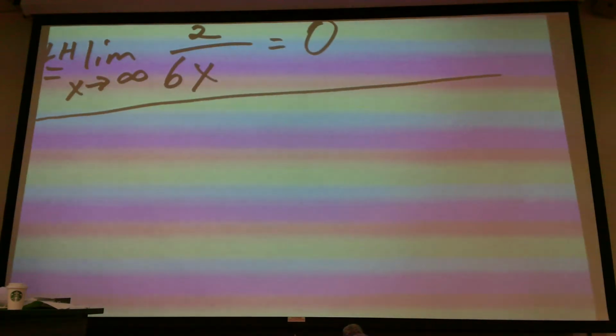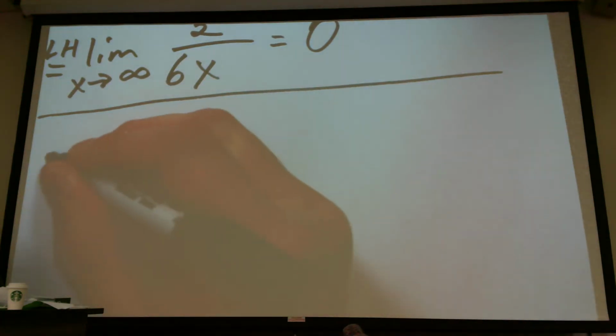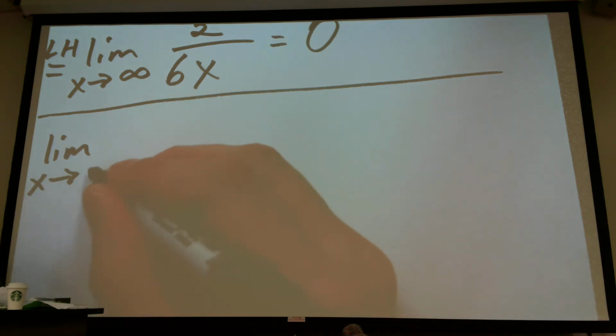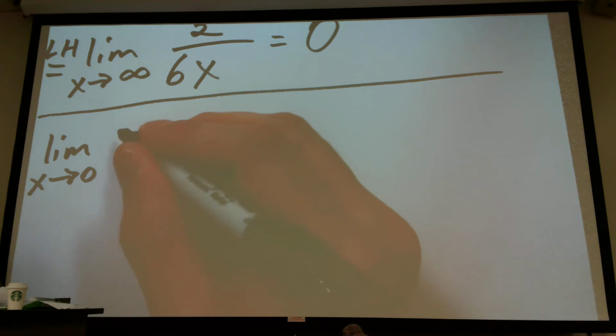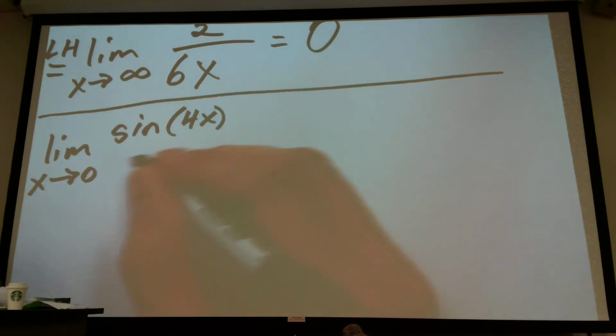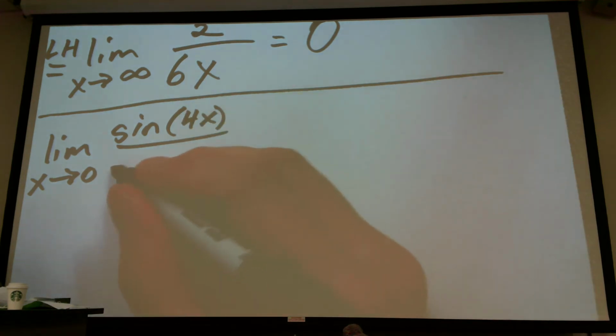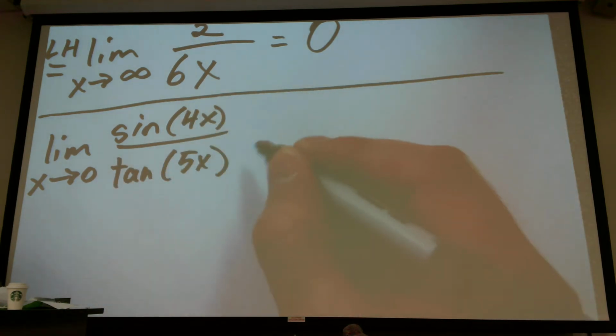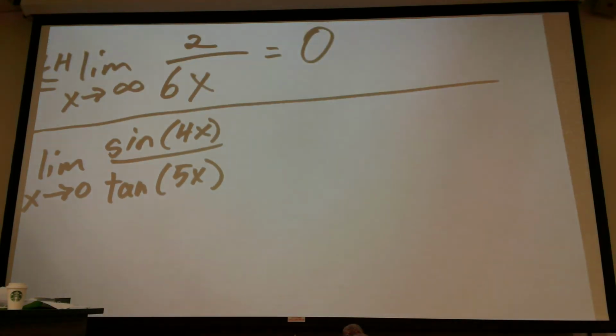So let's say we were having the limit as x tends towards 0 of sine of 4x divided by tangent of 5x. Okay.